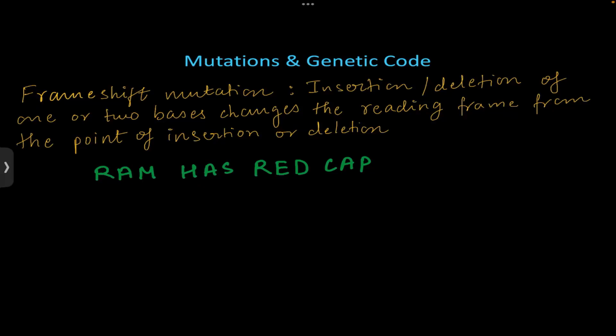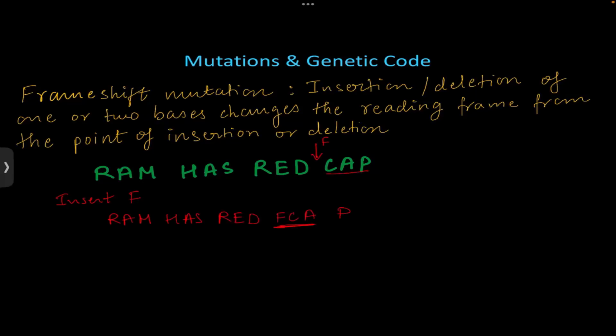We can understand that using a sentence. Say this is your sentence, Ram has red cap. Now if you insert, say, a letter F here, let's see how the sentence gets changed.